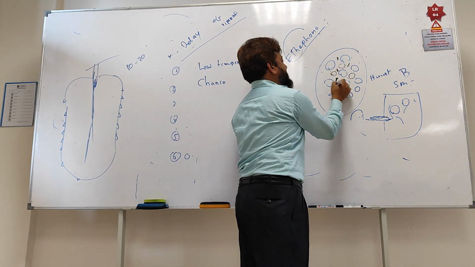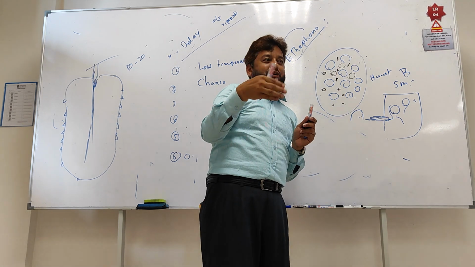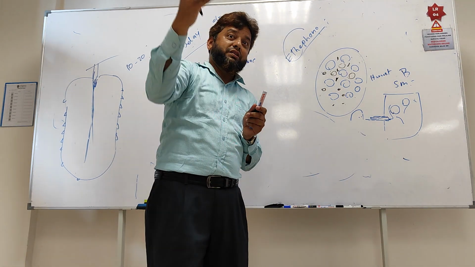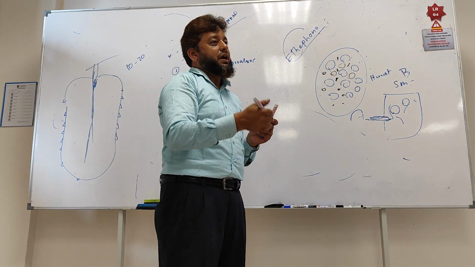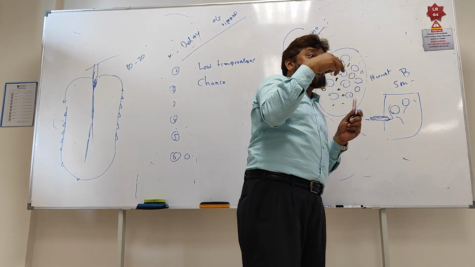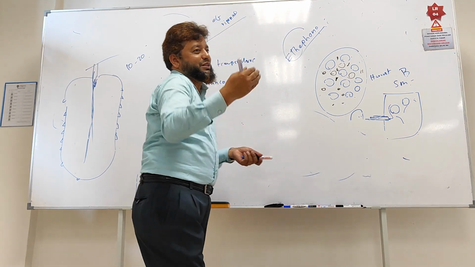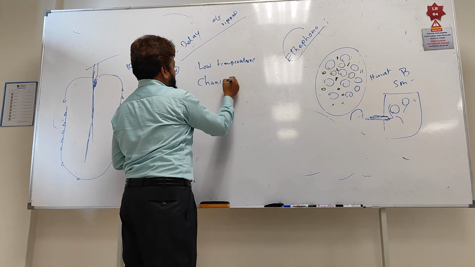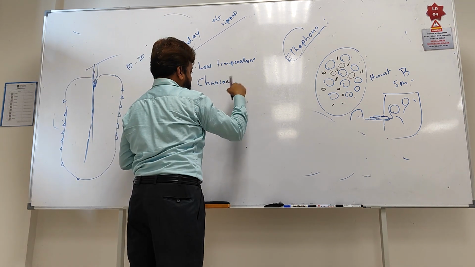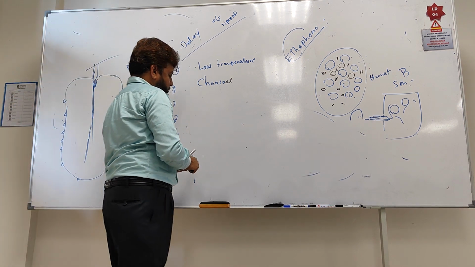You just keep some coal or charcoal, then the fruit will take a long time to ripen. Why? Because if the fruit makes ethylene, then the charcoal absorbs all the ethylene. So it will take some time for the fruit to ripen. It means we can apply charcoal to delay the fruit ripening.